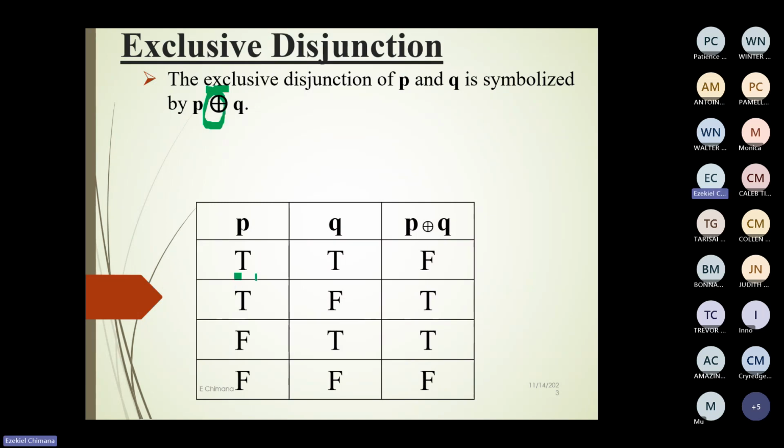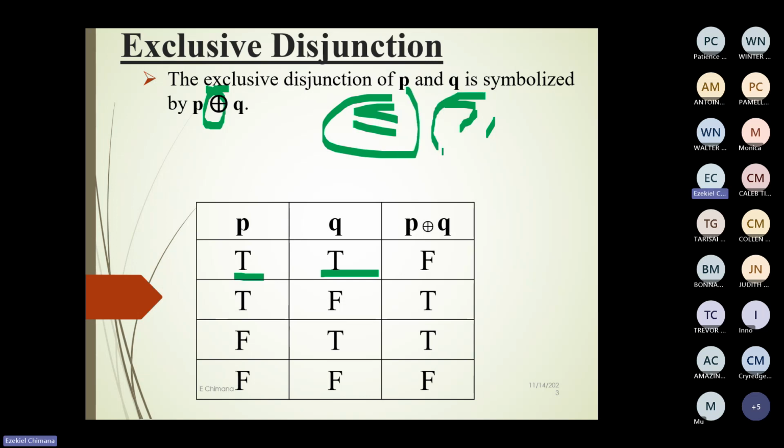So whenever it is true, true, it will become false. Because we are no longer using, maybe let's take a case of less than or equal to or greater than or equal to, we are now excluding the boundaries. We do not need this equal part. So whenever it is true, true, it will be false.